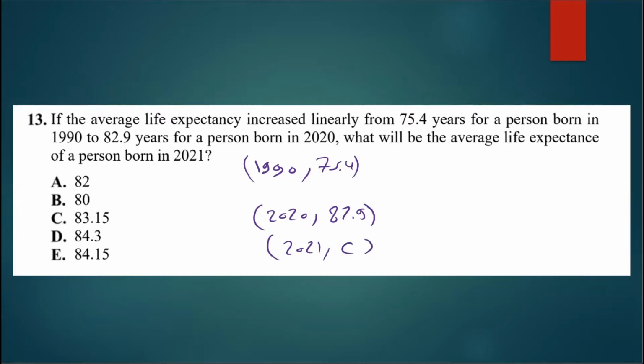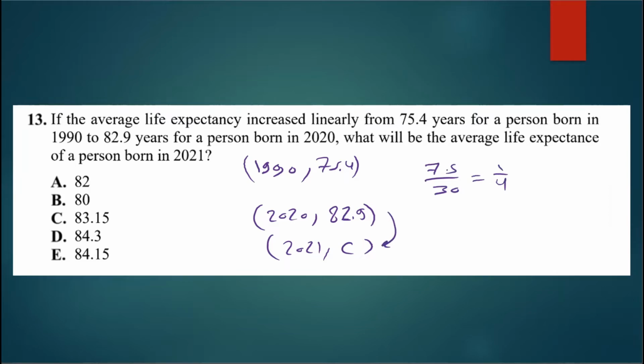That's a slope-based equation. So find the slope from the first 2 points. The difference here, I think, will be 7.5 over 2020 minus 1990, which is 30. So it's almost 1/4. So it will increase by 1/4 a year.